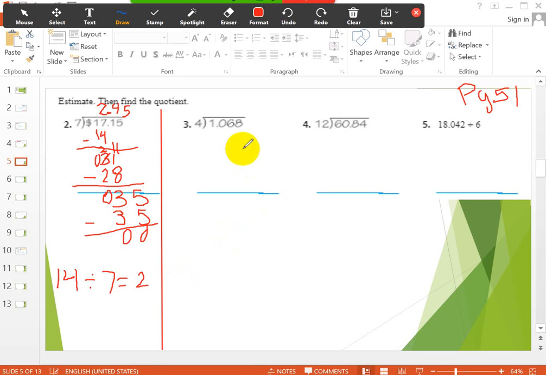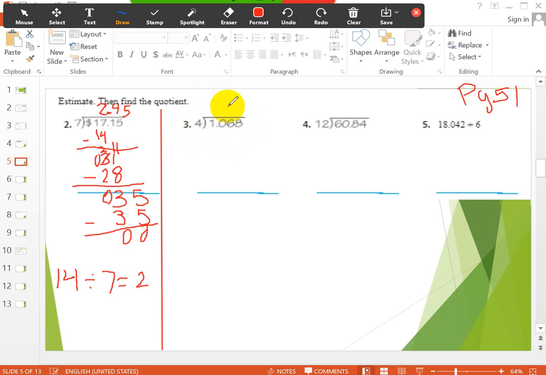So I have to estimate this dividend to the closest number I can divide by 4. So what is the estimation? Okay, look girls, here I have 1.78 thousandths. So I can round it to 2 because I can divide 2 by 4.